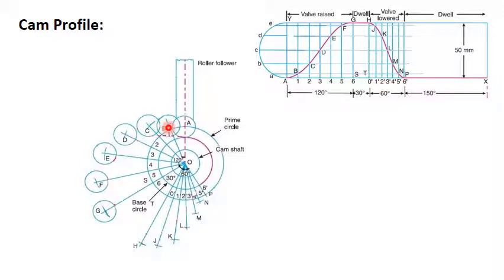So keep B as center, with your rounder take radius of 10 mm and complete this circle. Take C as center, radius as 10 mm, complete this circle. D as center, radius of 10 mm, complete this circle. So at all these points, E, F, G, even H, J, K, L, you have to draw a circle which is having a radius of 10 mm or diameter of 20 mm with your rounder properly.